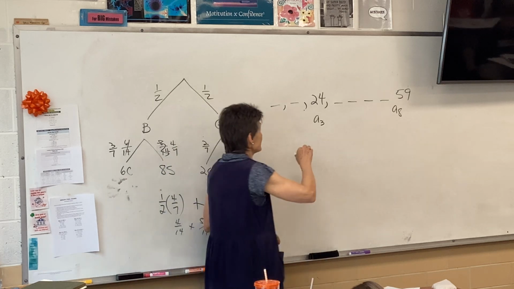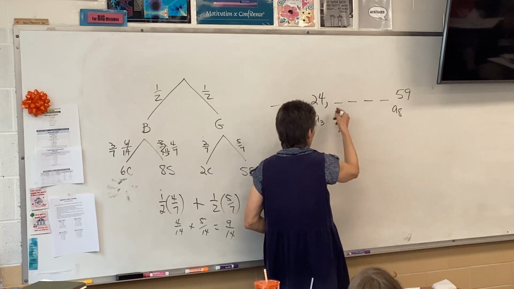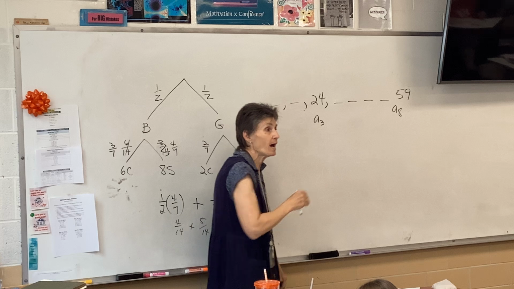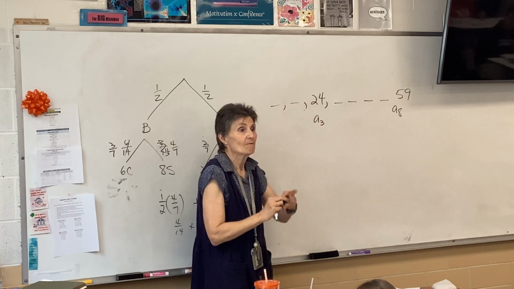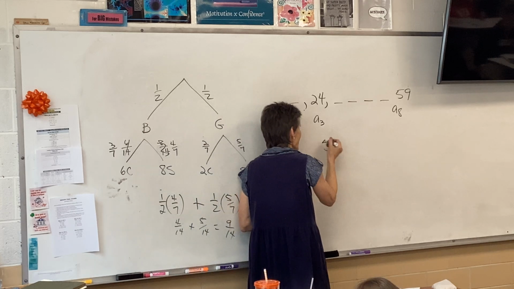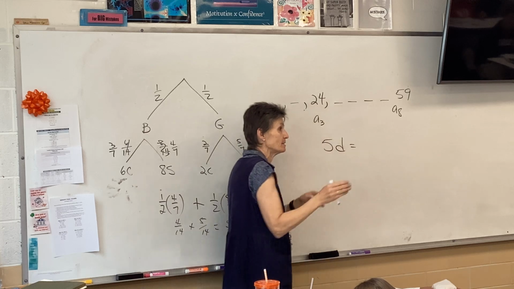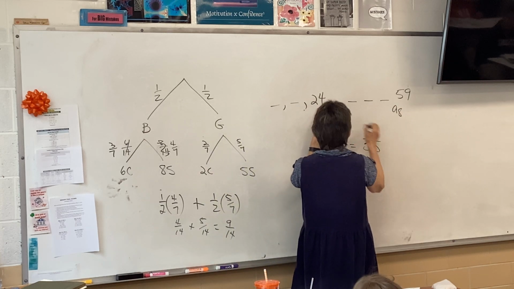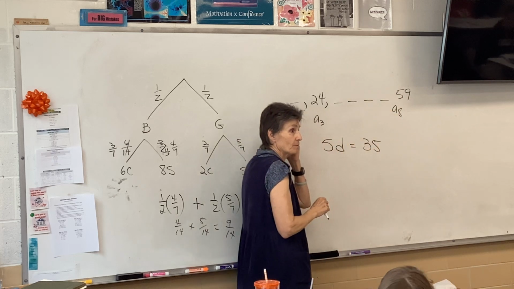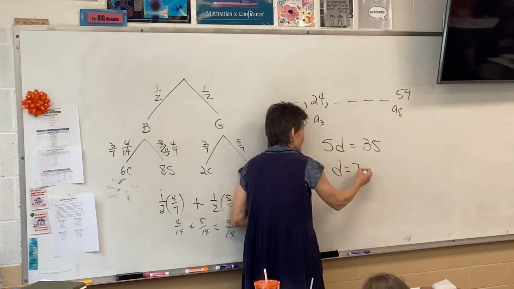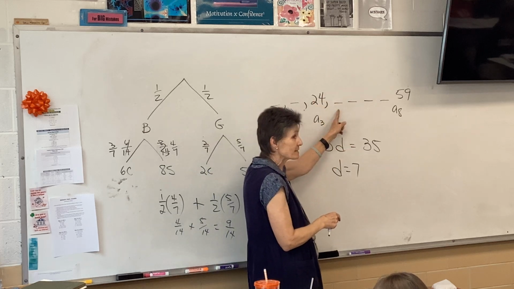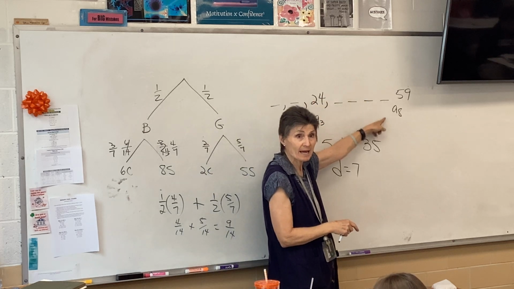So to get from here to here, I'm adding the same number. How many times am I going to add it? 5. So 5 of those additions has to add up to 35, the total distance. So d is 7. Going that way, I'm going to add 7, add 7, add 7.